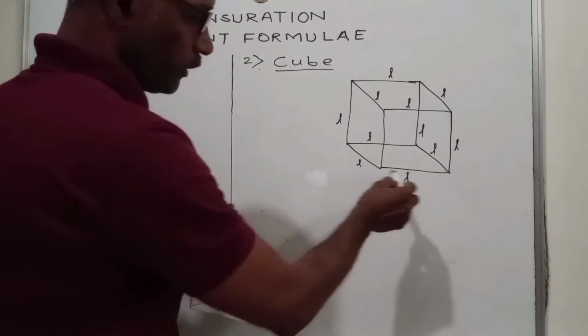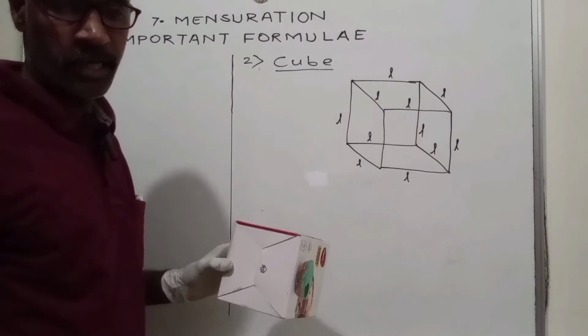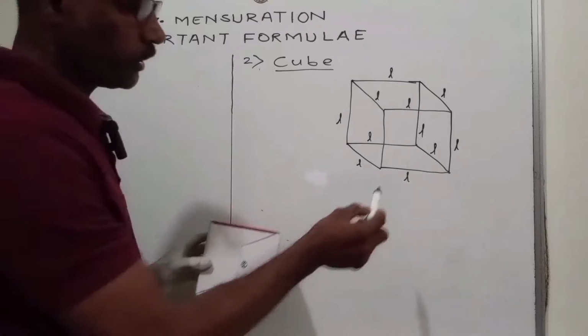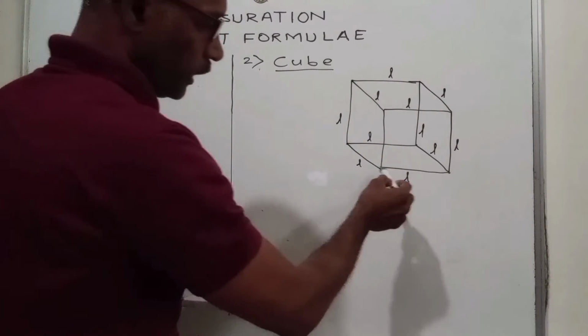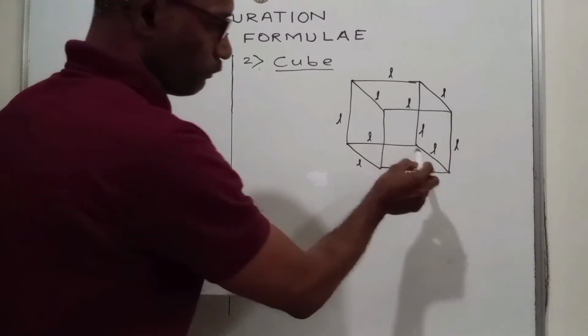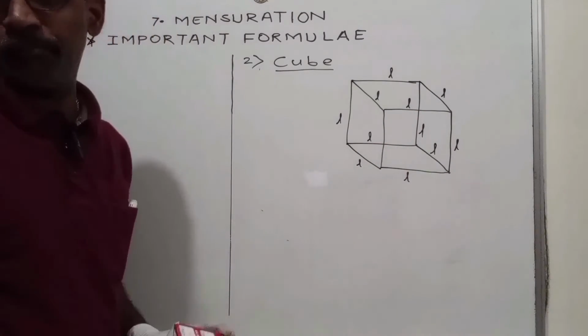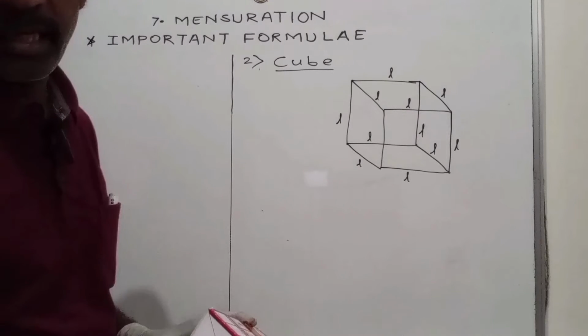Means lengths are equal. Means length is L, height is also L, and breadth is also L, because each and every face is a square.